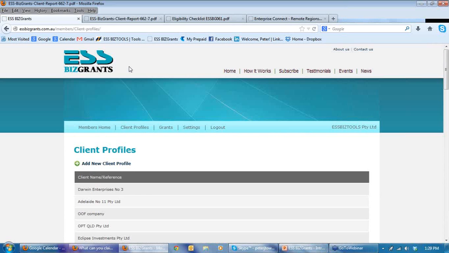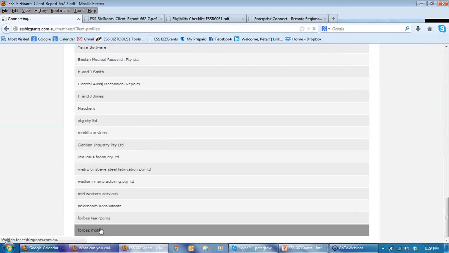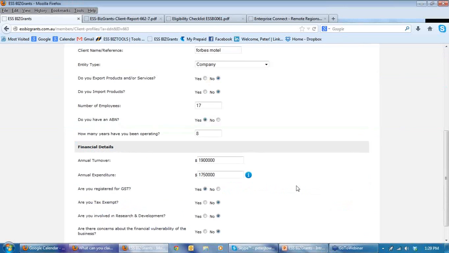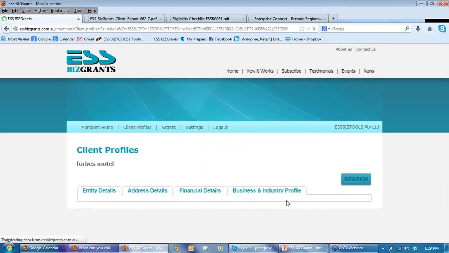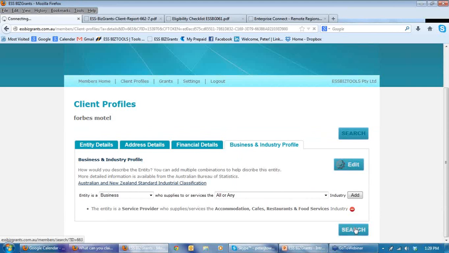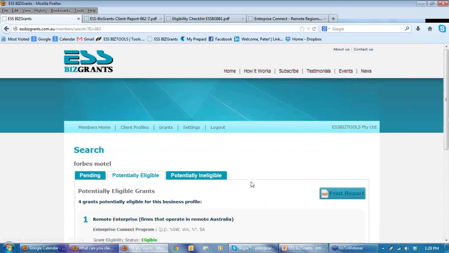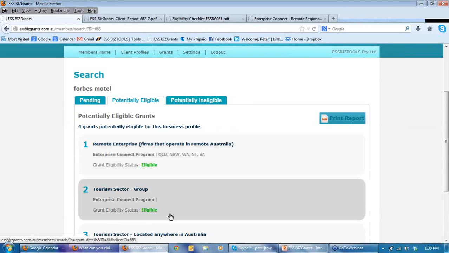So let's have a look at another business to do with that. So have a look at the Forbes Motel. Now in this business, I won't go through all there again, we established a turnover of 1.9 million, and it's a motel. It's got 17 employees, and we've said it's service, business and accommodation, etc. And if we have a look at potentially eligible there, we've identified that if the business is servicing people in remote locations, tourism sector, or women in business.